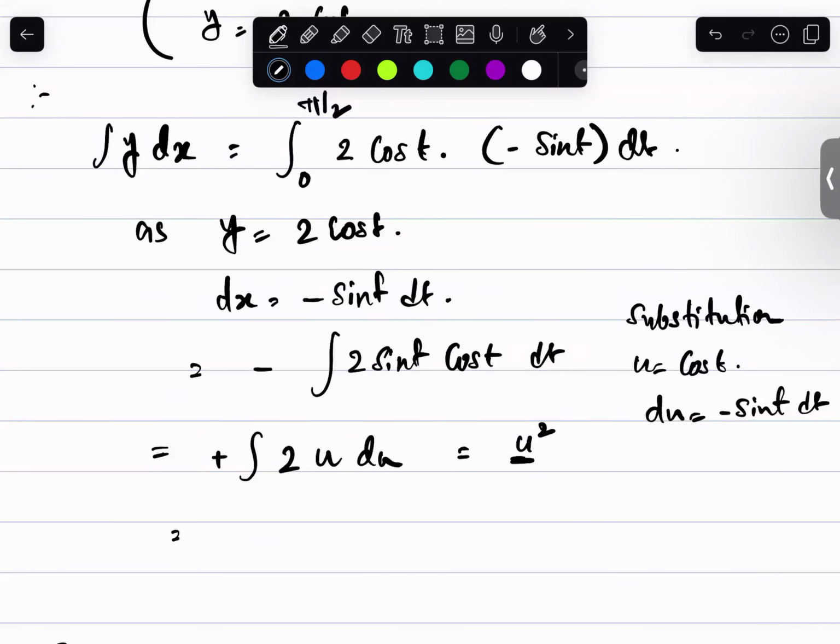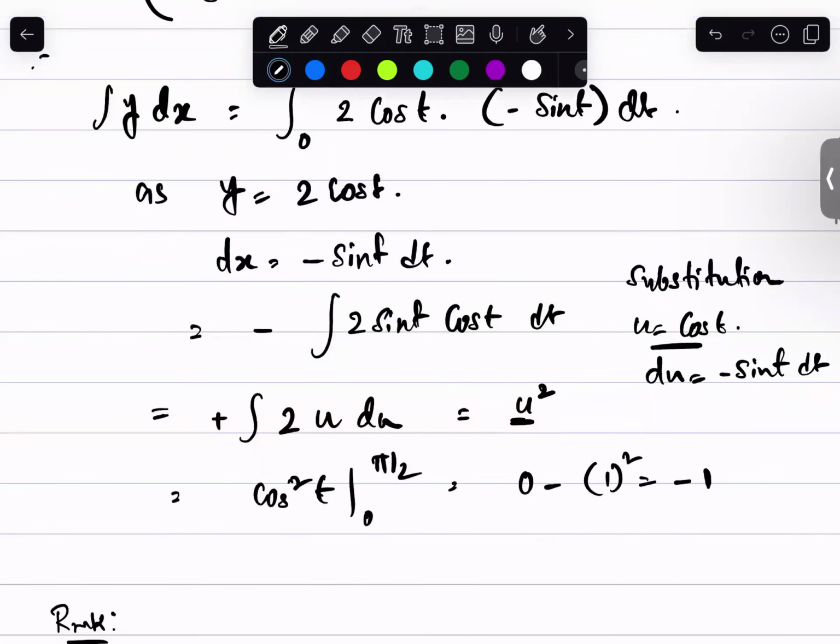So as u is cosine t, it will be cosine square t from 0 to pi over 2, right? So it'll be 0 minus 1 square, which is minus 1.